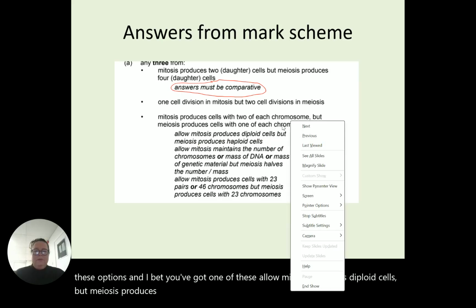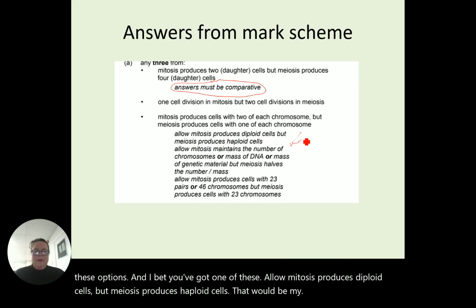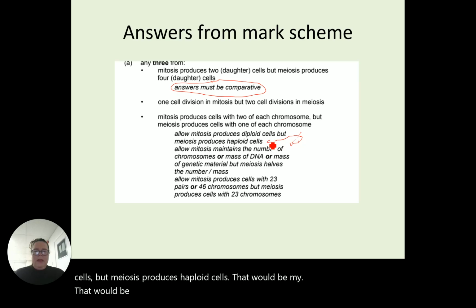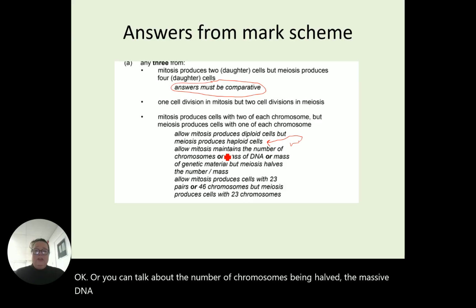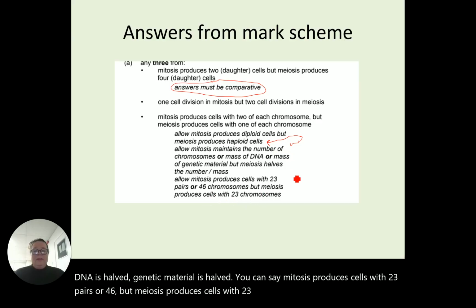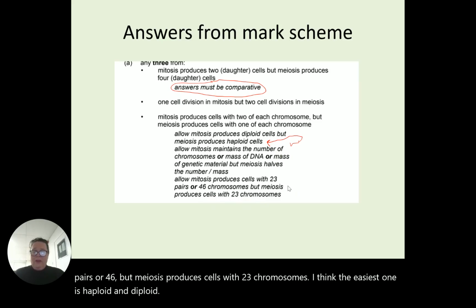That would be my favourite one here. Or you can talk about the number of chromosomes being halved, the mass of DNA is halved, genetic material is halved. You can say mitosis produces cells with 23 pairs or 46, but meiosis produces cells with 23 chromosomes. I think the easiest one is haploid and diploid. Okay, so hopefully you got some of those.